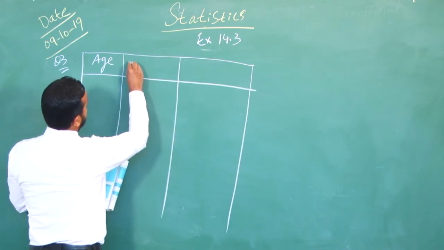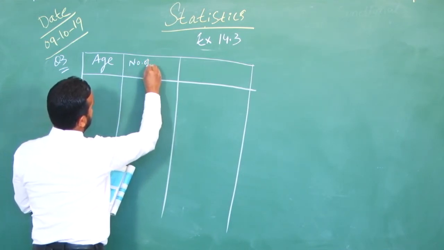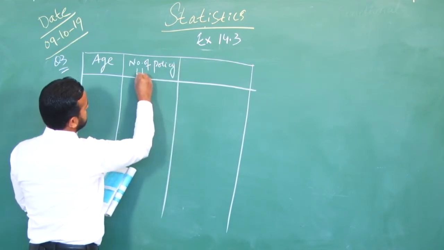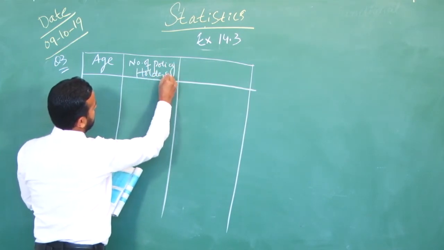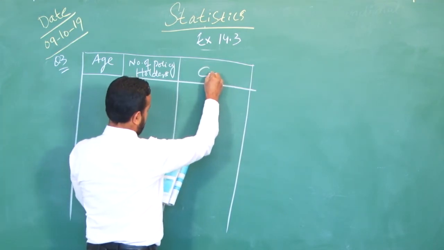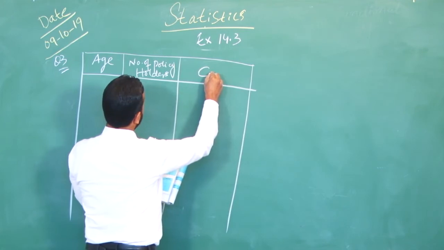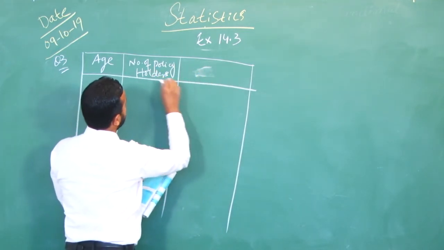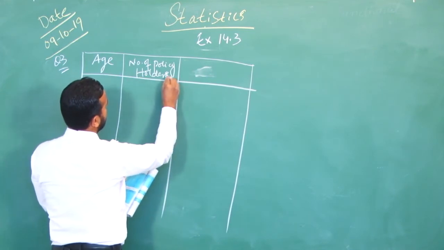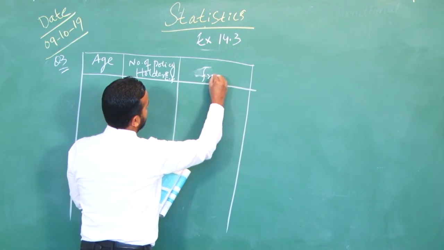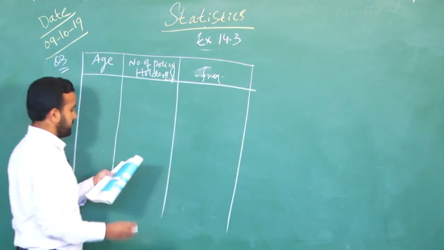Number of policy holders, and here we calculate, this will be treated as the total of the frequency, this will be treated as the cumulative frequency, CF, and here we will calculate the frequency.